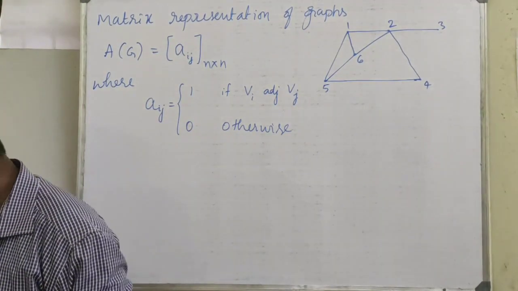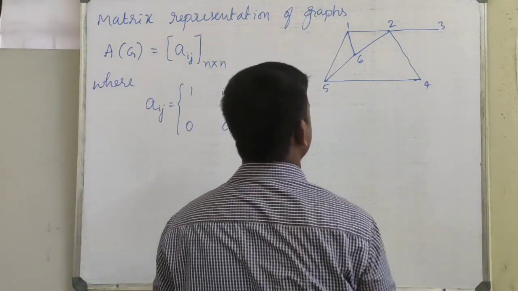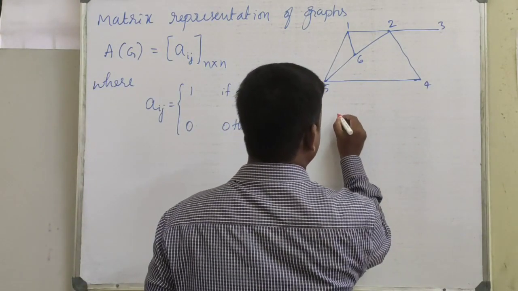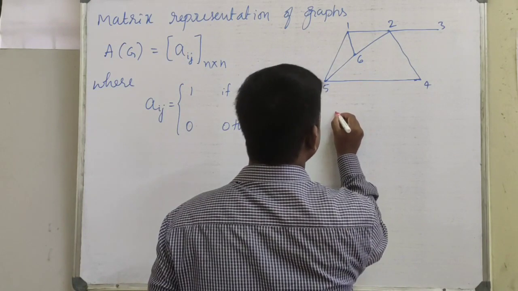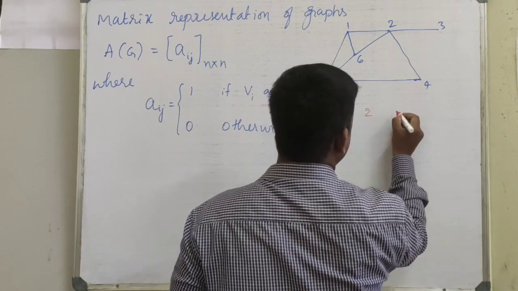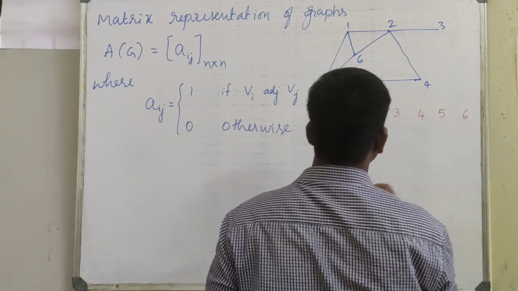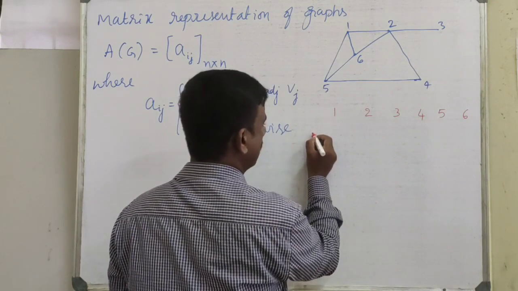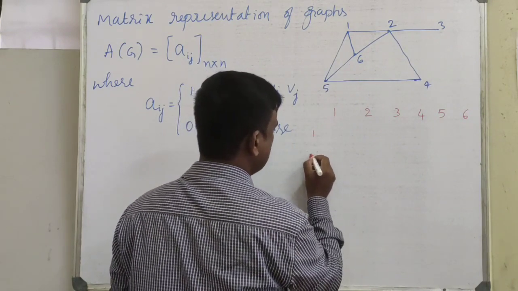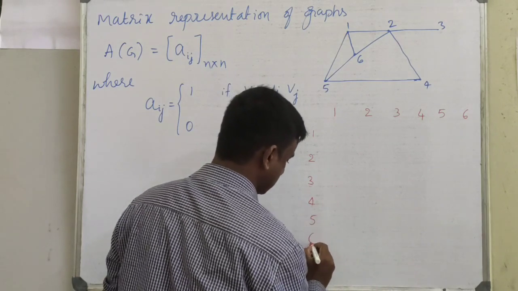Now let us write down the matrix, adjacency matrix of this graph. I will write it here. So the vertices here are 1, 2, 3, 4, 5, 6. Similarly, the rows again I have to write 1, 2, 3, 4, 5, 6.